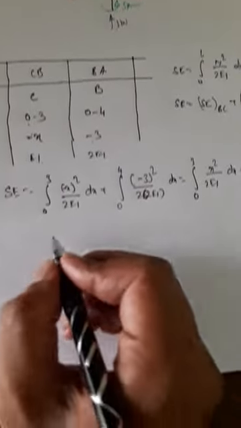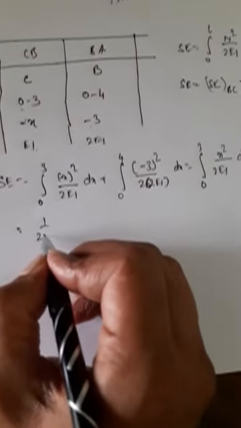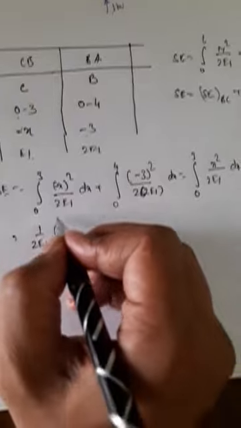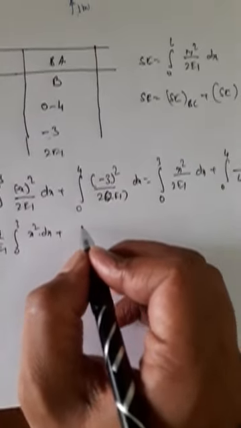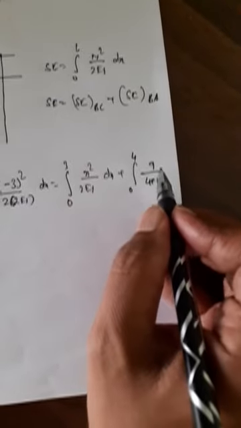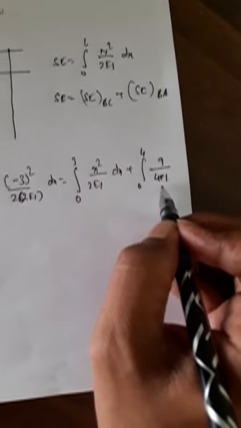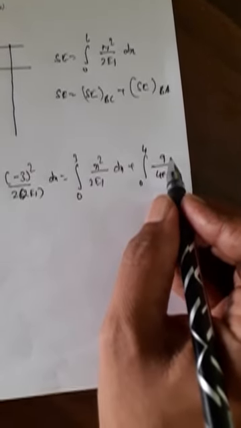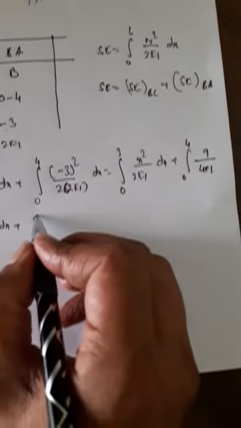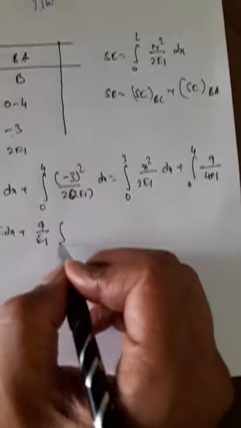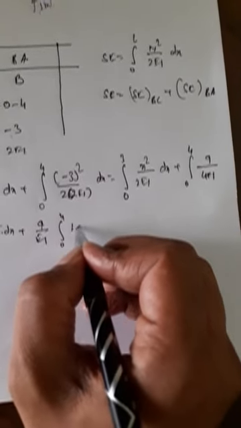Take the constants outside. 1 upon 2EI integration of 0 to 3 x square dx plus here 9 by 4EI, whole is constant, so here remaining will be 1 into dx.